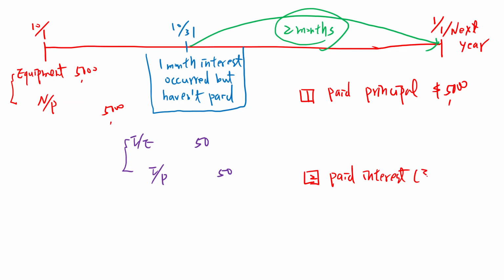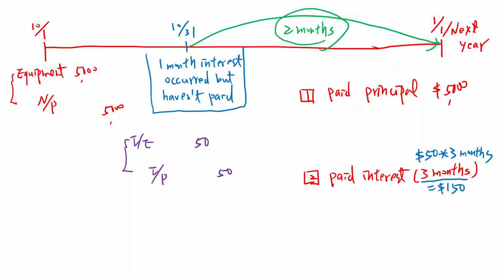Three months. 3 months, how much? 1 month, $50 for 3 months. So totally you had to pay is $150. Okay? So let's focus on principal first.